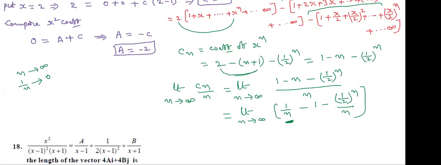Then what about 1 by 2 whole power n? So here observe that 1 by 2 whole power infinite, that value 0. 1 power infinite, that is 1. 2 power infinite, infinite. That means here base is fractional part means you will get answer 0.